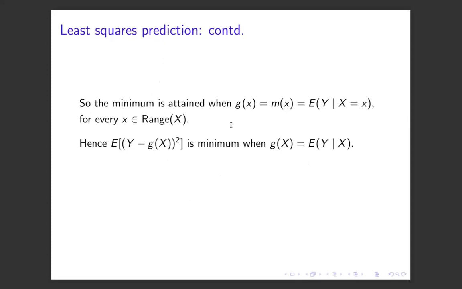So the minimum is attained when g(x) is precisely equal to m(x). So therefore, one concludes that this is minimum when g of capital X is the conditional expectation random variable.